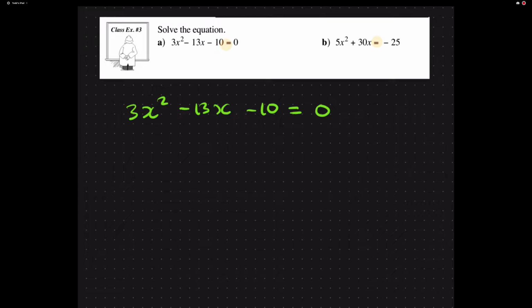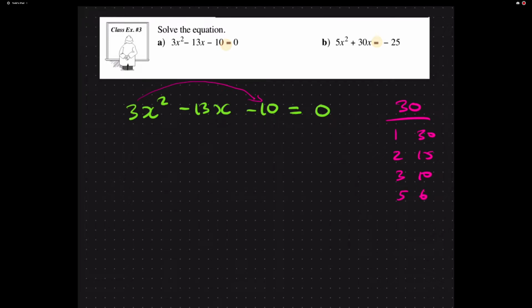So we want to take a look at this first and see, can I factor something out of each of these? And the answer is no, nothing is common. So what are we going to do? We are going to follow the procedure of multiplying the leading coefficient by the constant, and we get 30. Factors of 30 are 1 and 30, 2 and 15, 3 and 10, 5 and 6.